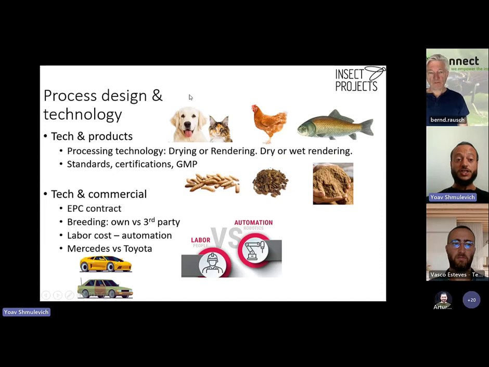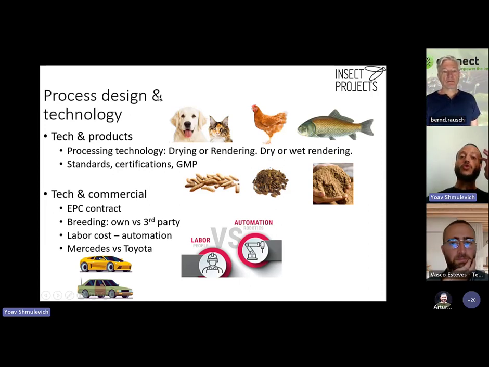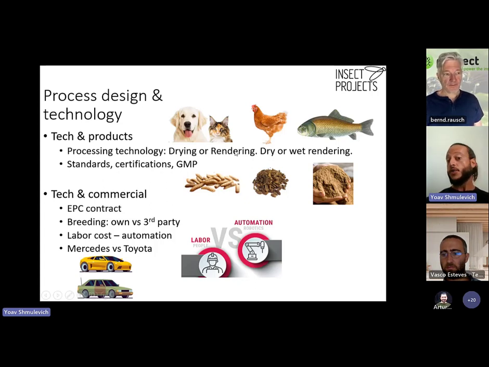Let's talk about technology. So to explain technology, we just need to tie it now to products and the commercial pillars. So technology and products. Well, the main effect here is on your processing technology. Are we going to produce dry larvae or are we going to render the larva to make meal and oil?